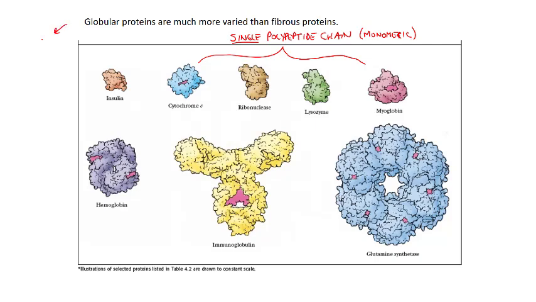Now, some proteins have two or more polypeptide chains, in other words, two or more polypeptide molecules stuck together.